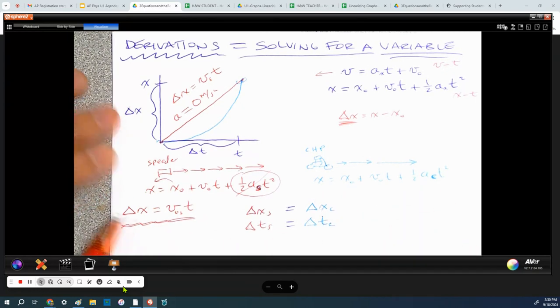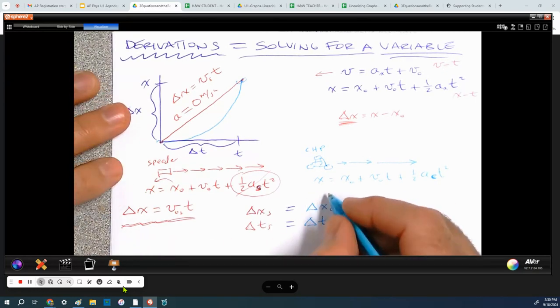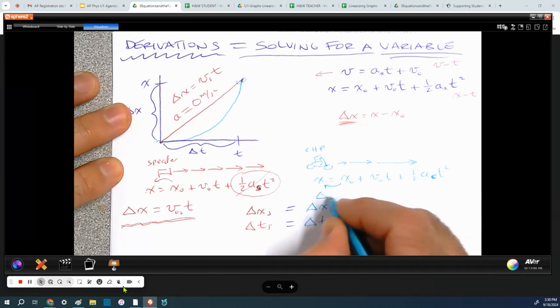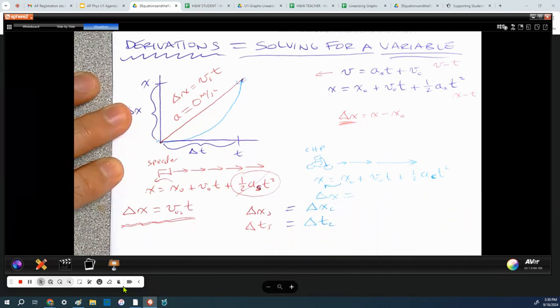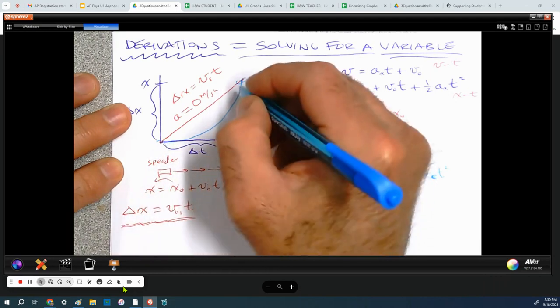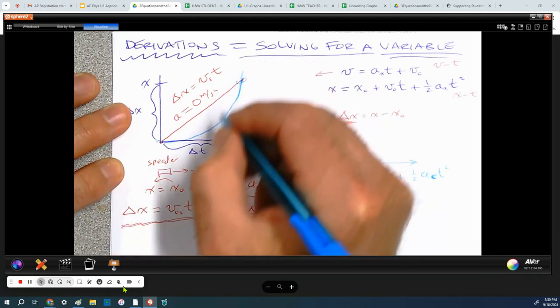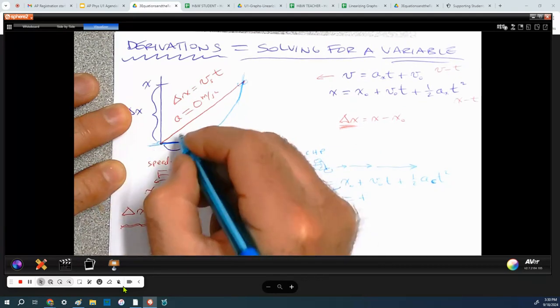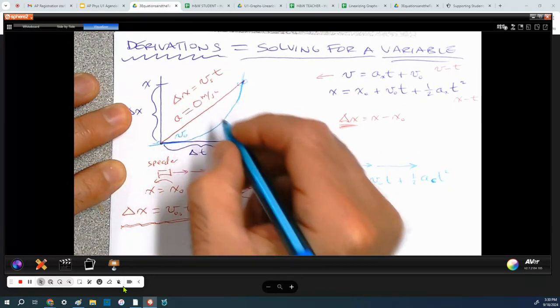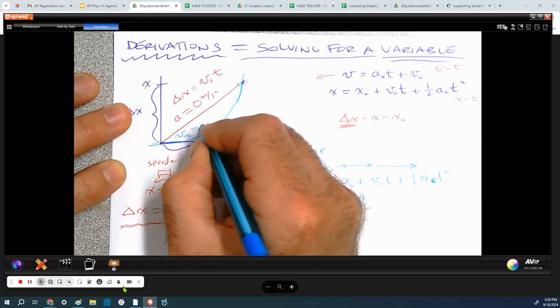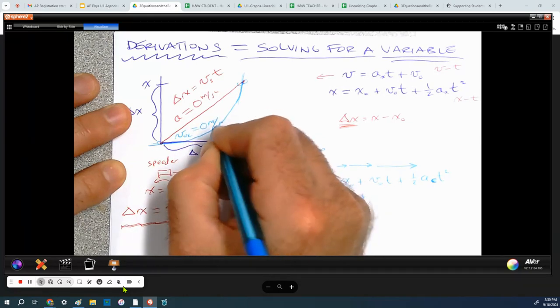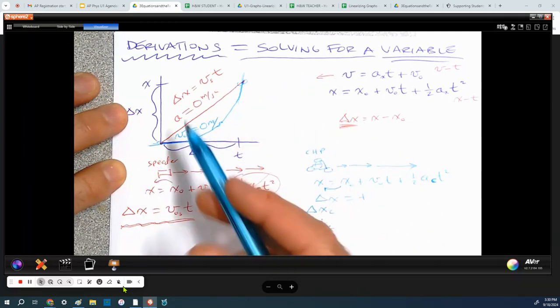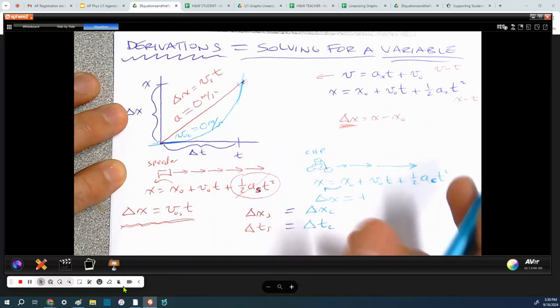Okay, on this side, I'm going to do the same thing. This I'm going to bring over to this side, and I'm going to call it delta x because that is my displacement. Plus, what's the initial velocity of the CHP? If you look here, you're supposed to get that he's going fast at the end, and he's speeding up from 0. So your v naught of the CHP is supposed to be 0 meters per second. As the story goes, the speeder passes him by, he sees him, he floors it, he's trying to catch up.